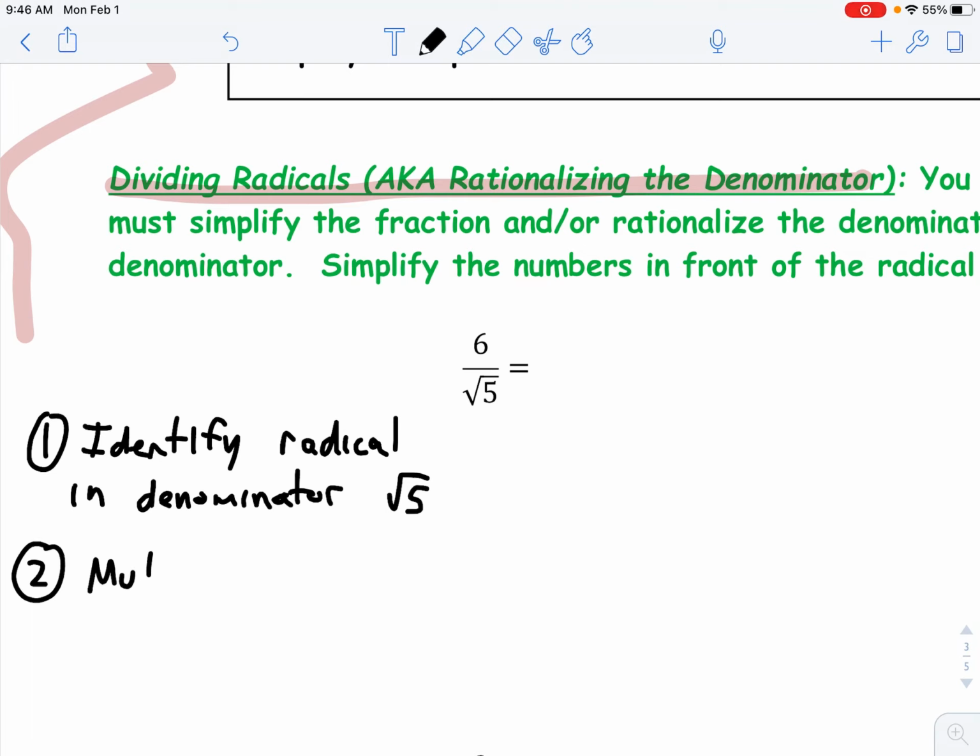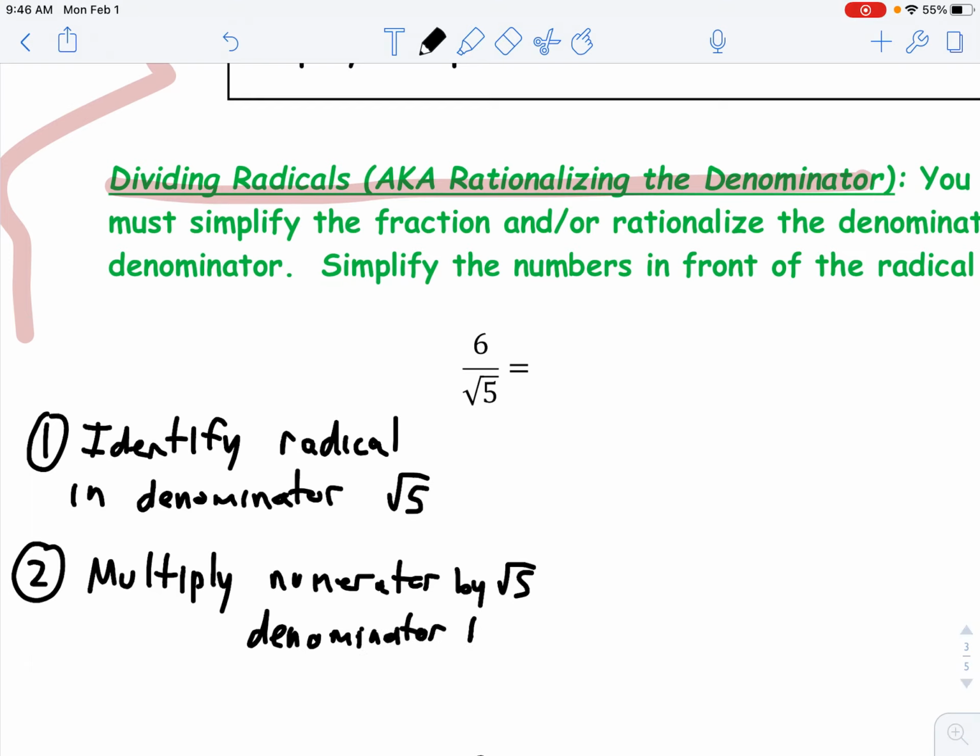Number 2 is we're going to multiply the numerator by radical 5, and the denominator by radical 5.